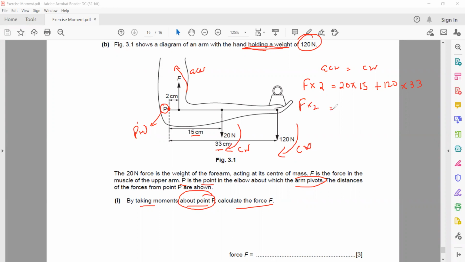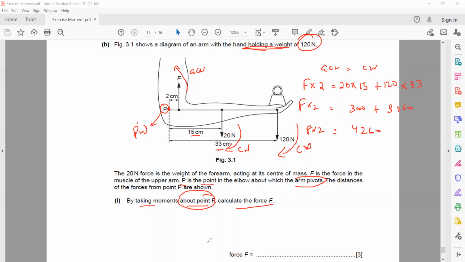20 multiplied by 15 is 300, plus 120 multiplied by 33, which is 3960. So 3960 plus 300 is 4260.